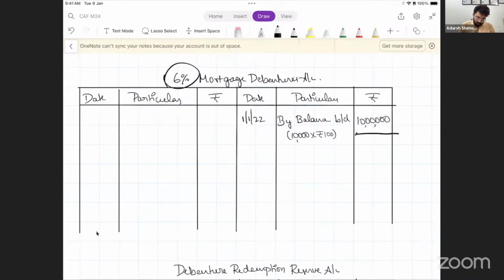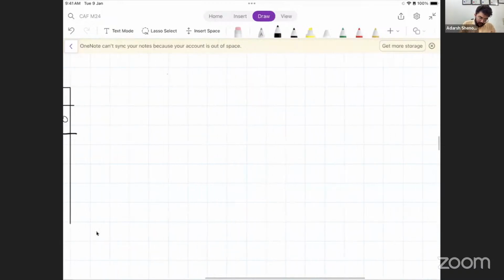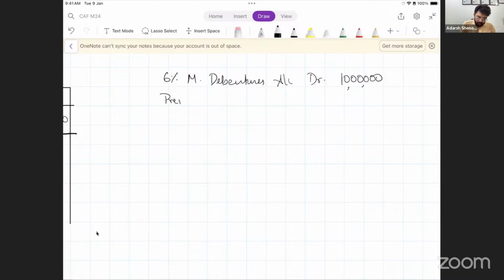So this is the entry: 6% mortgage debentures account debit, 10 lakhs. Premium on redemption account debit.